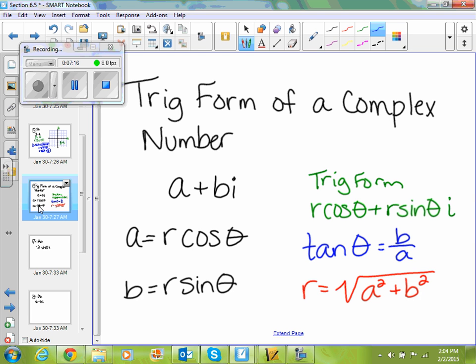So then it ends up looking like r cosine of theta plus r sine of theta i. You find your theta by using tangent. So tangent of theta is equal to b over a. And you find your r by finding your absolute value, square root of a squared plus b squared. Okay, there we have that.